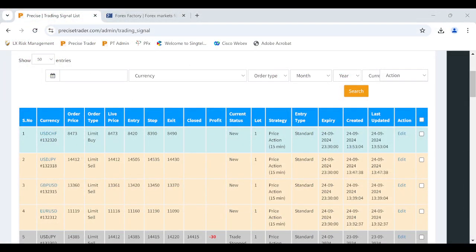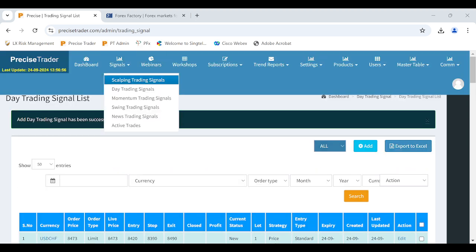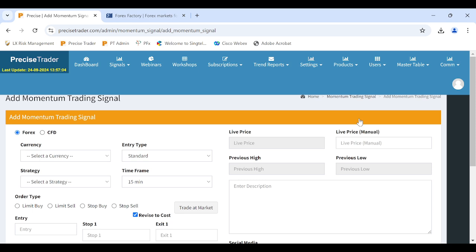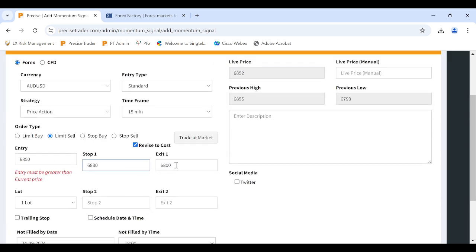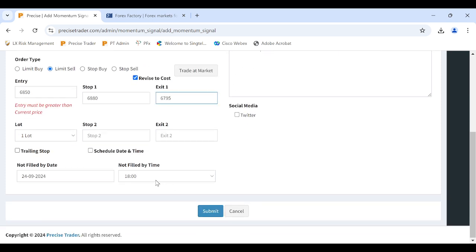Okay, so this is going to be a momentum call, at 68.50, and TP at 67.95. So the expiry is 3:30 because this is going to be nearer levels.